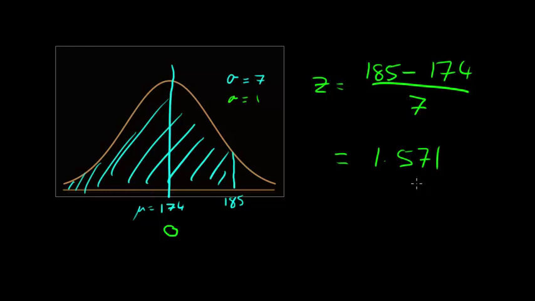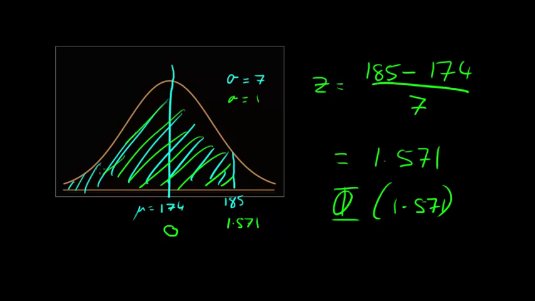1.571. Now to find phi of 1.571, and remember phi of 1.571 gives me the area from 1.571 all the way down, which is going to be exactly the same as the area from 185 and below.